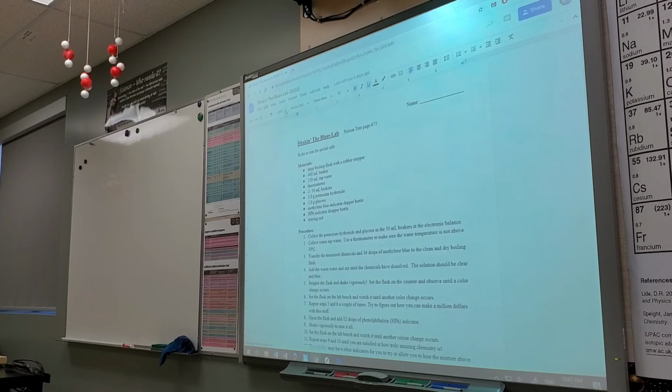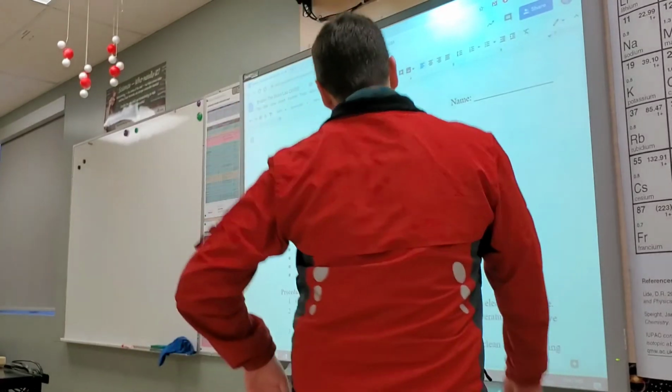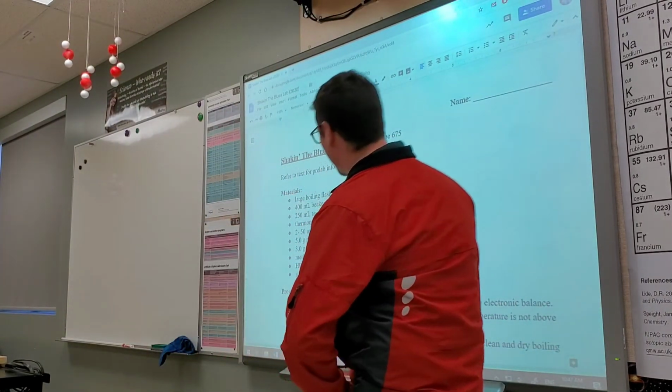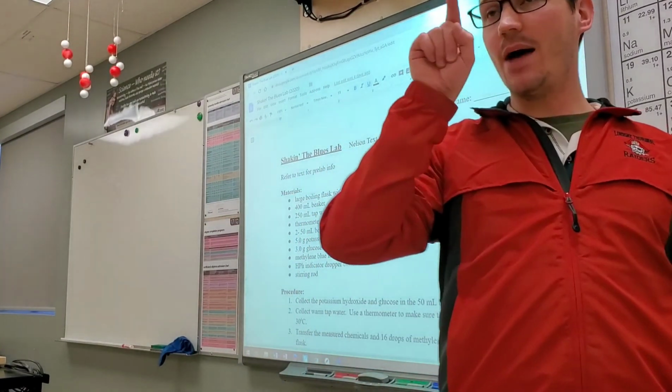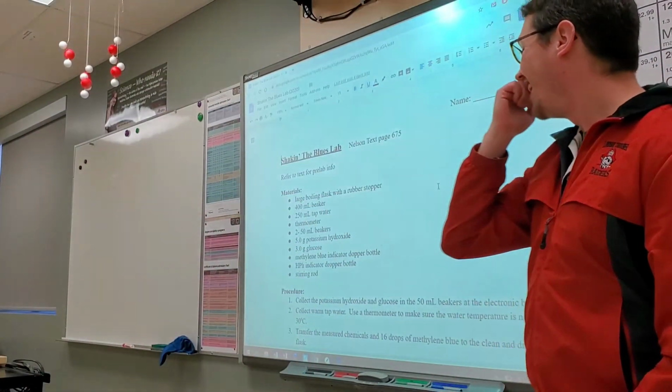So what we want to do is perform a reaction that involves an equilibrium. You're going to need all of these materials. We are at the lab bench that's directly outside my classroom, the Chemistry 2 lab bench.